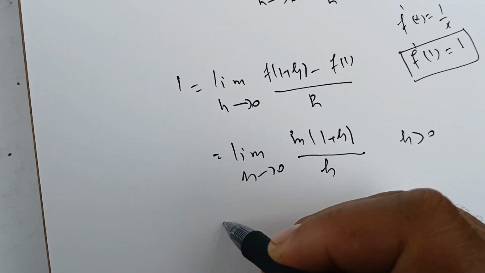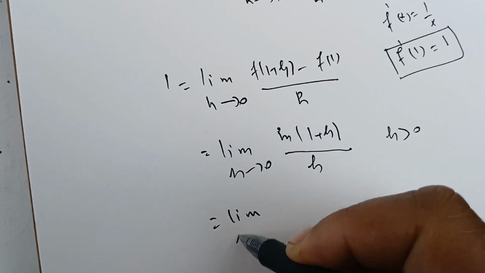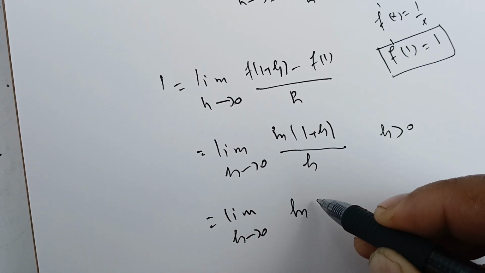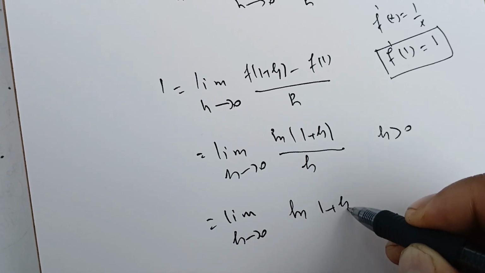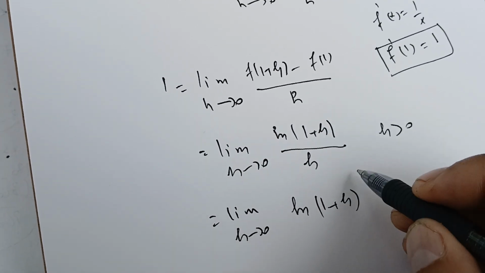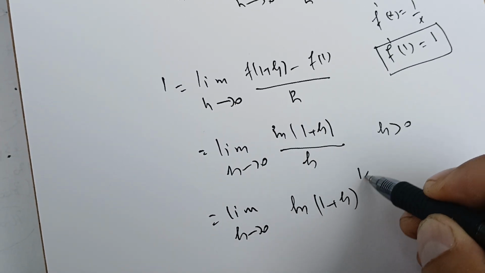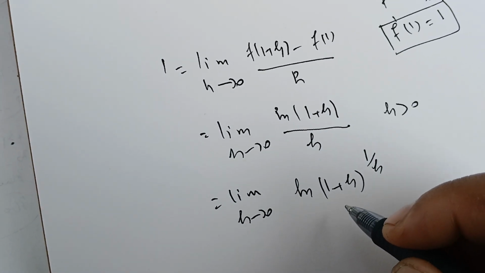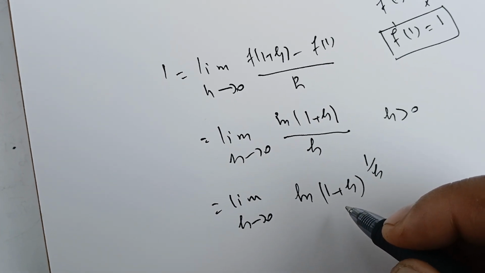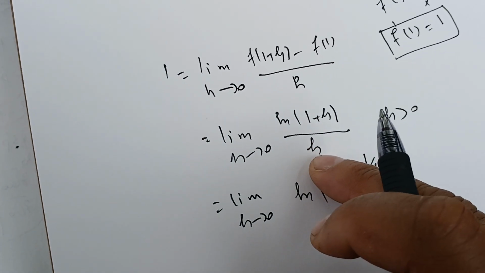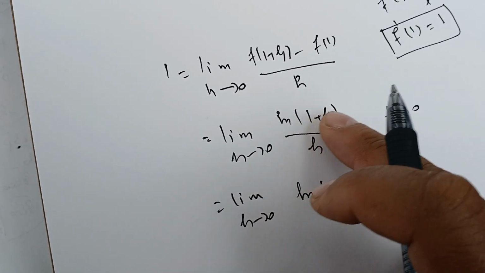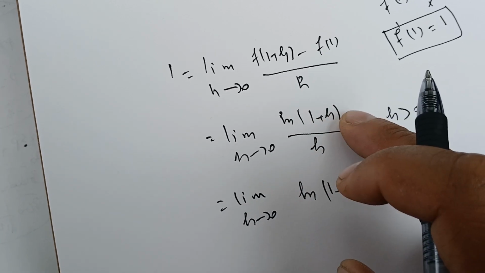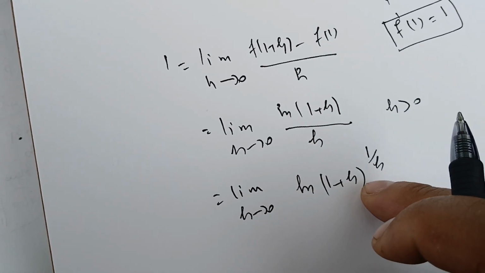And we can rewrite this expression as the log of 1 plus h to the power 1 over h using the rules of the log, because this value is positive and this function is defined for x positive. That means 1 plus h is positive. So we have no problems here.